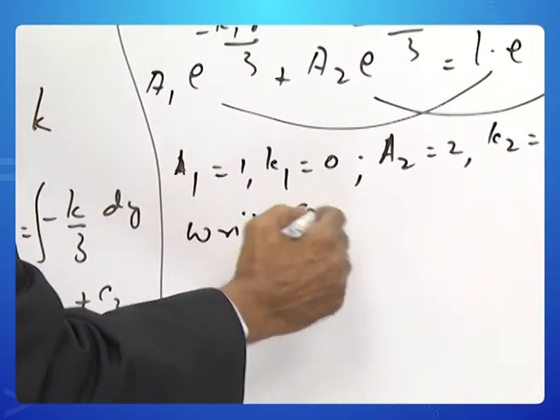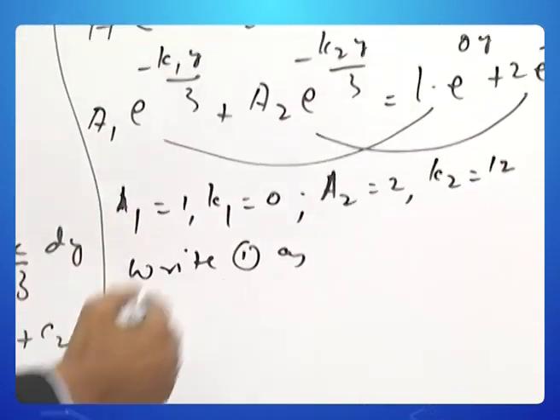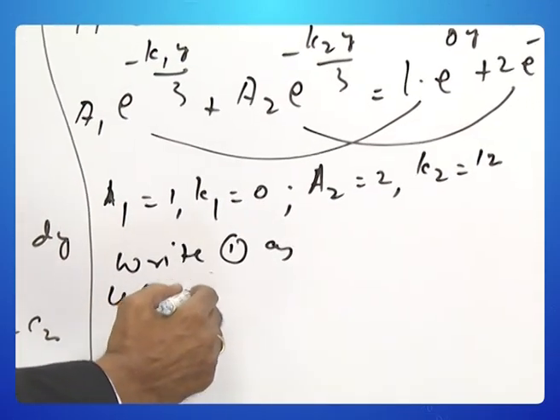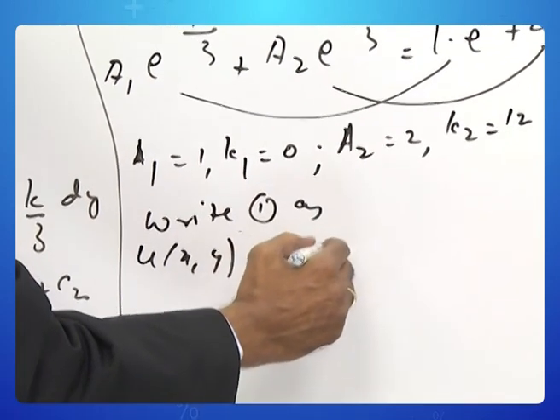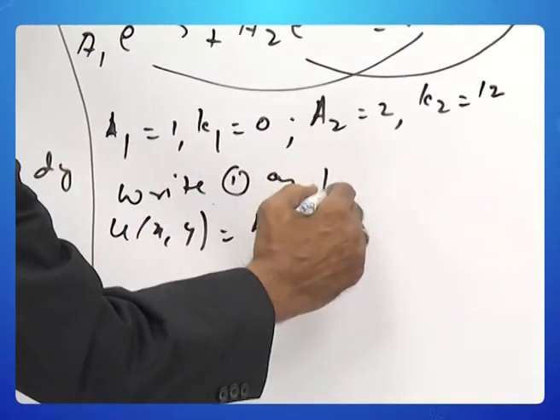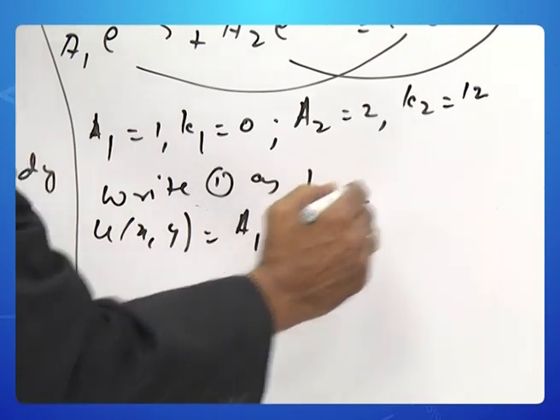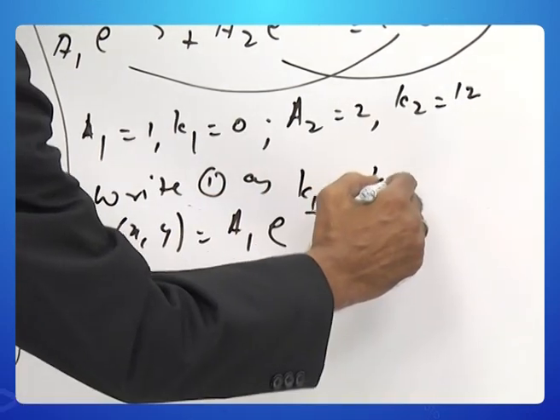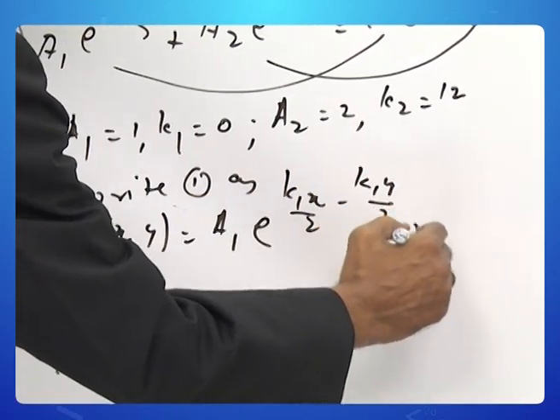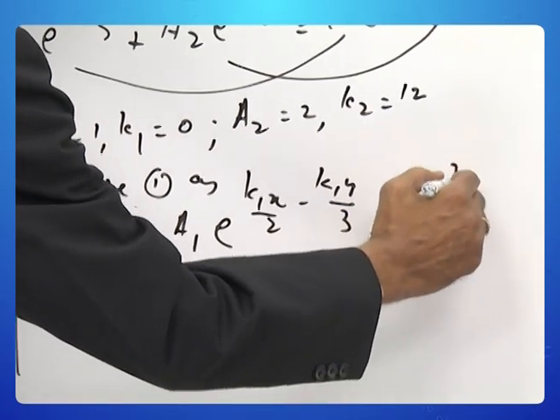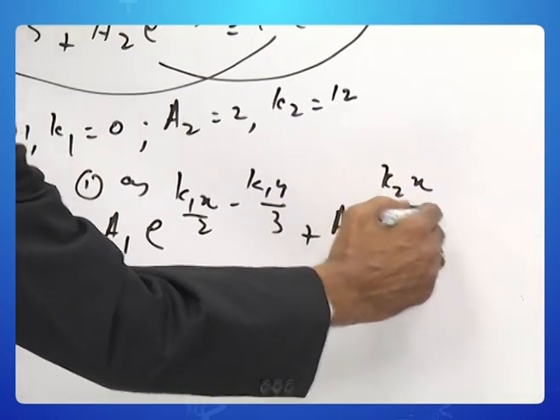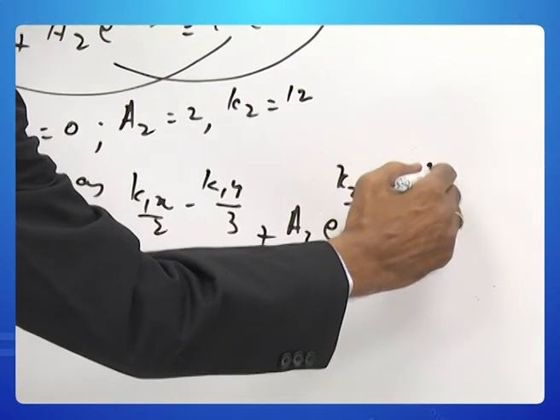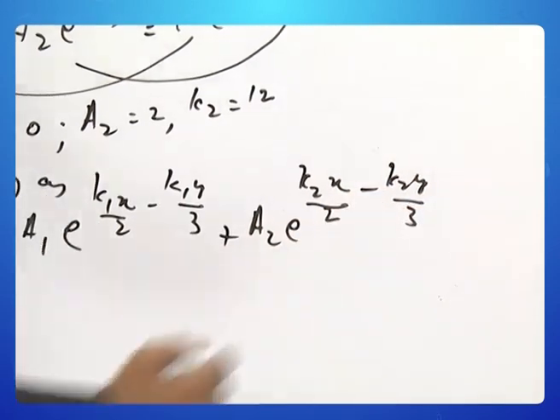Basically, again you will have to split this as u(x,y) is equal to a1 e power k1 x by 2 minus k1 y by 3 plus a2 e power k2 x by 2 minus k2 y by 3.